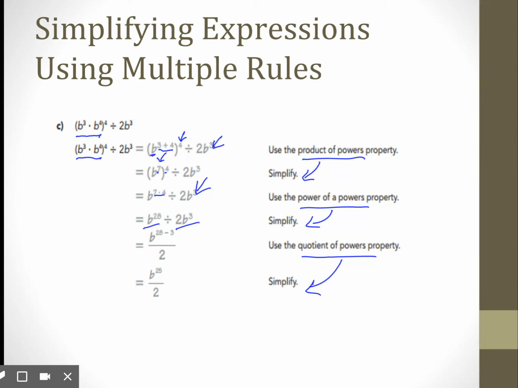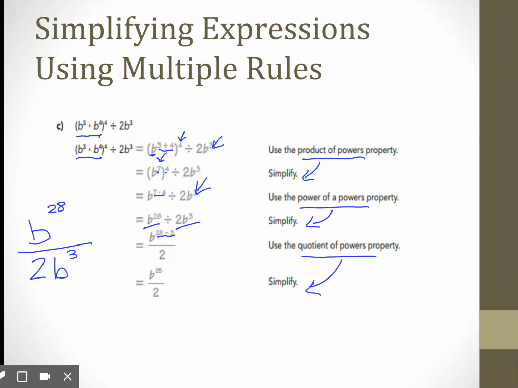They jump right into the quotient of powers property here and have b to the 28th minus the third, because again we are subtracting exponents with the quotient of powers property. The 2 is on the bottom of the fraction because if we would have written this step out initially like they had us do in the last example, it would have looked like this: b to the 28th over 2b to the third.